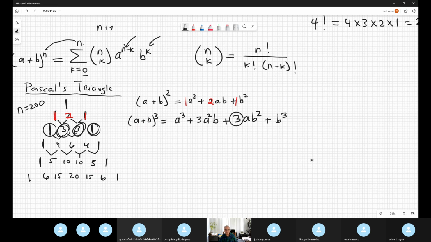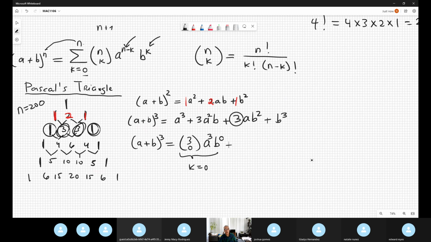Okay, this guy, so you expand using the formula for the Newton binomial theorem. It is combinatory 3,0, a cubic, b^0, because this is for k equals 0.